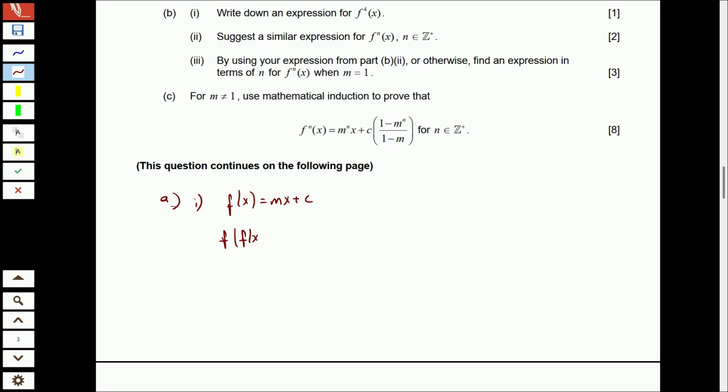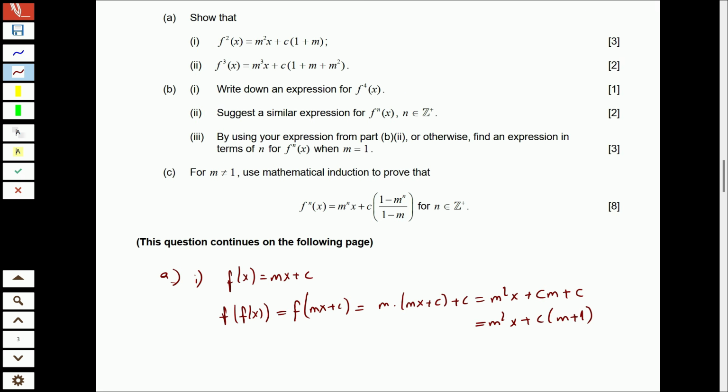In this case, I will replace x with mx + c, right? And m times (mx + c) will give us m²x + mc + c. So from here you can write m²x + c(m + 1).